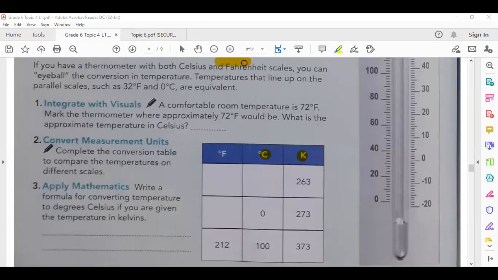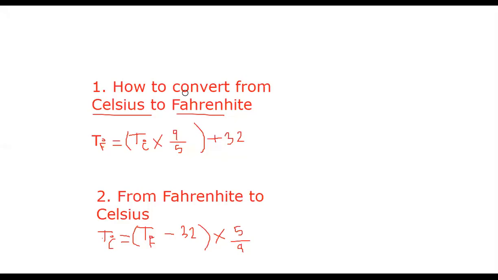If we want to change from Kelvin to Celsius, temperature in Celsius equals temperature in Kelvin minus 273.